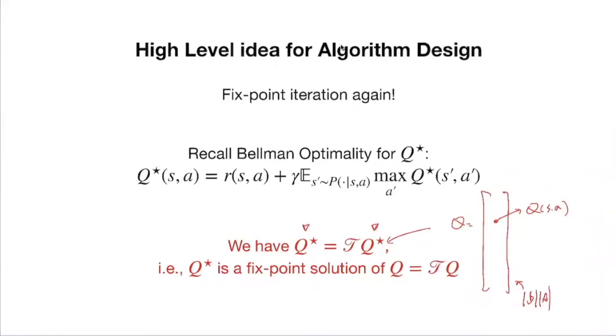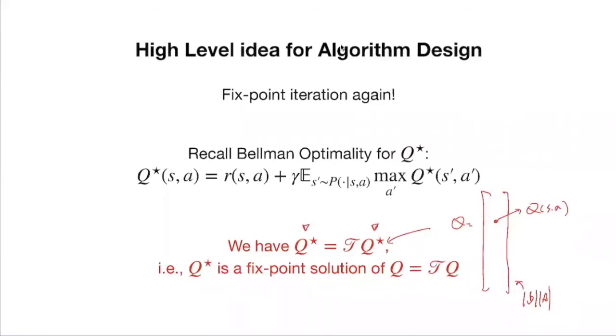I had a question. For that equation to hold, for it to be a fixed point solution, don't we have to first prove that T is a contraction mapping? No. A fixed point solution can be a fixed point for any function. It does not have to be a contraction. Contraction is used to prove convergence.